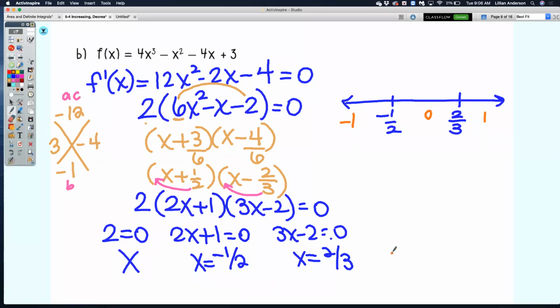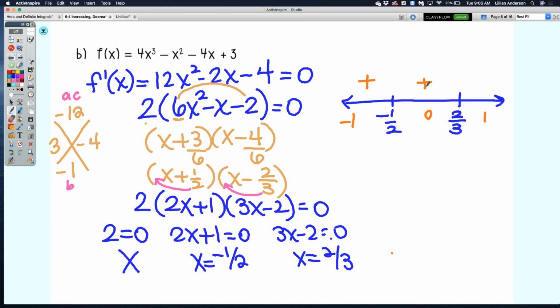Okay, so when you plugged in negative 1, what did you get? 2. So it was a positive number? Yes. What about 0? I got increasing. So you got a positive number here? Yes. And then what about for 1?